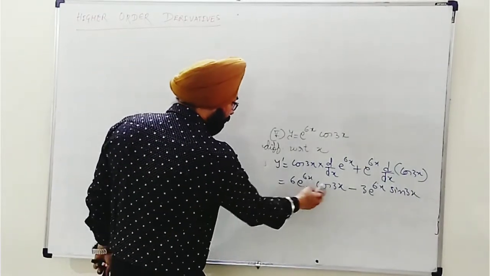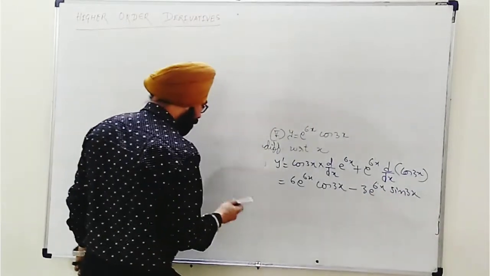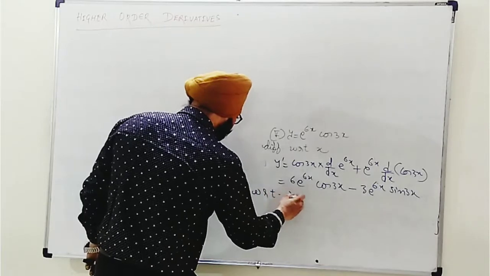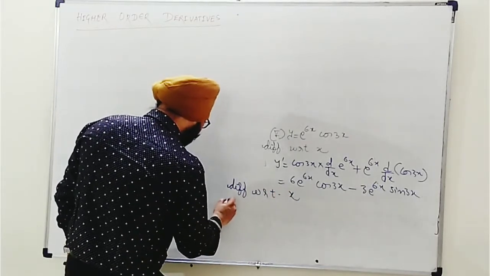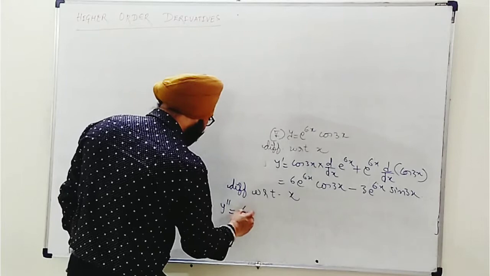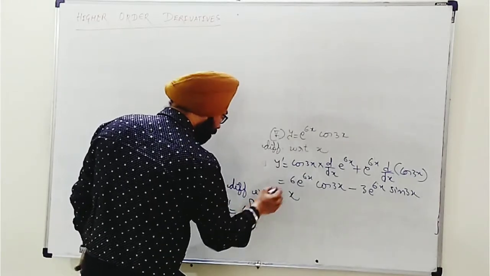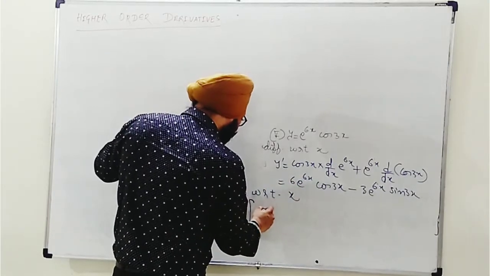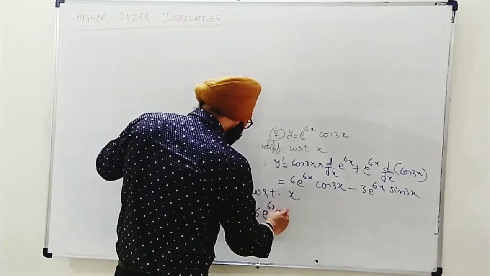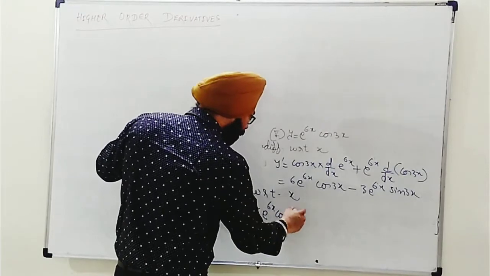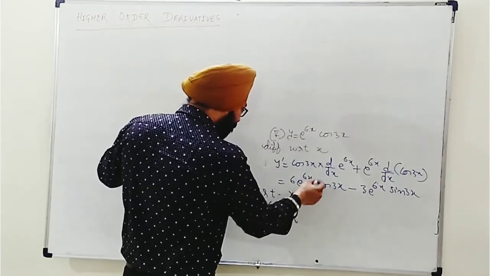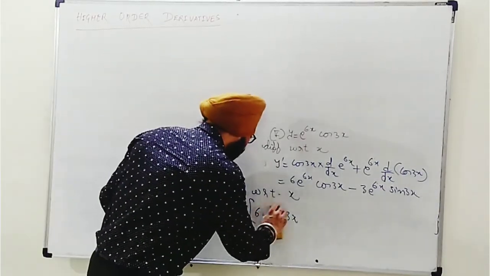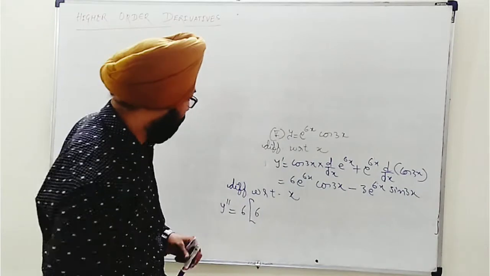So once again, in each term, product rule is applicable. So what we can do? Differentiating once again with respect to x, I see it is y double dash. This can be written as 6. In first step, we can differentiate e to the power 6x, will make it 6 e to the power 6x cos 3x, and in second term we can differentiate, and for your convenience I think I should write here which one I am differentiating.